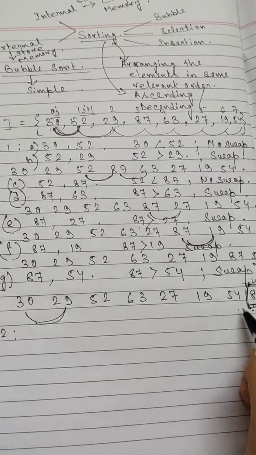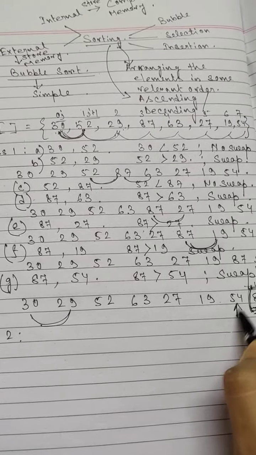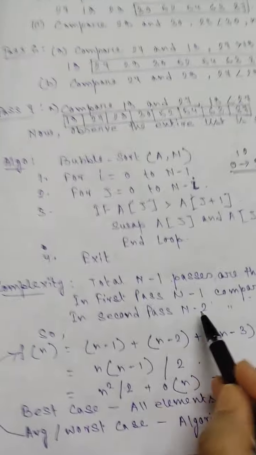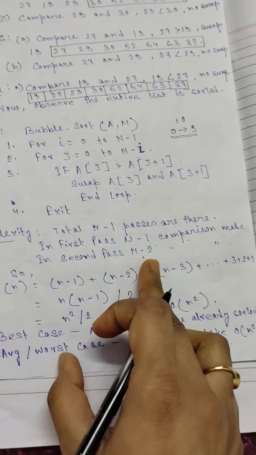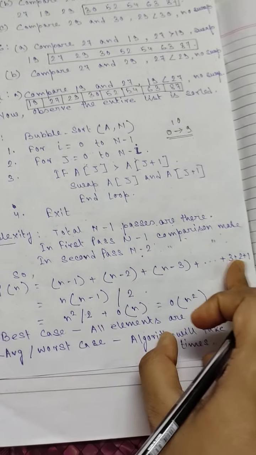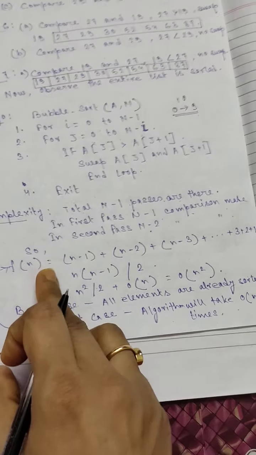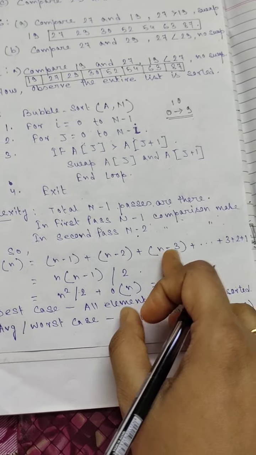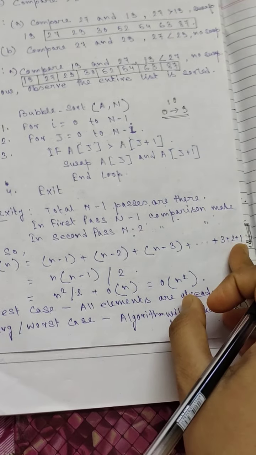So in pass 2 we compare up to this value, that means n minus 2 comparisons, and in the third pass it will be n minus 3, up to 1. Okay, so f(n) is equal to n minus 1 plus n minus 2 plus n minus 3 plus dot dot up to 1.